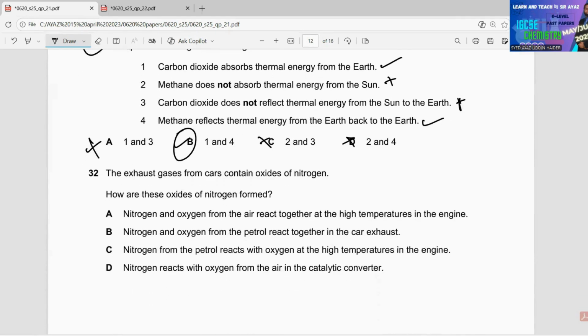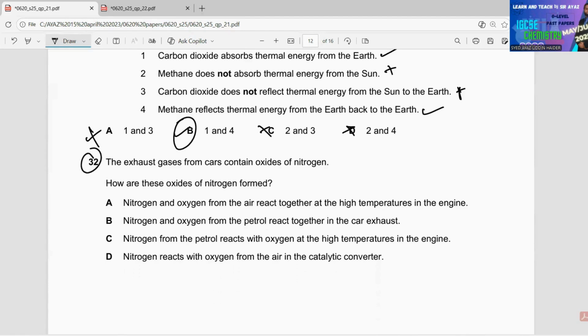32. The exhaust gases from cars contain oxides of nitrogen. How are these oxides of nitrogen formed? A, nitrogen and oxygen from the air react together at the high temperature in the engine. This looks correct to me. For convenience, I'm checking the other statements also. B, nitrogen and oxygen from the petrol react together in the car exhaust.